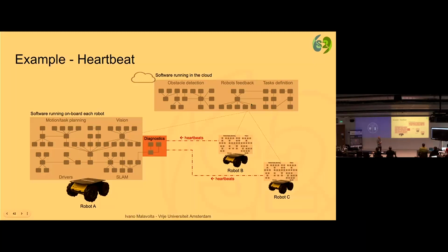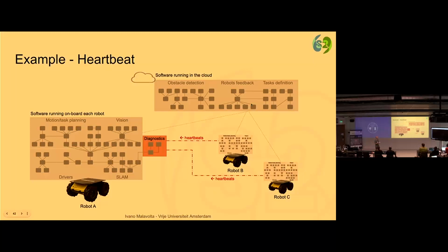The idea is that if you want to know that all the robots are always up and running, one way in which you can implement the tactic to achieve this in terms of availability is to promote a robot as a diagnostic robot, and then have the other robots send once every 10 seconds or whatever a message, even an empty message, telling I'm alive. That is it. That's a very basic implementation of an architectural tactic for availability.